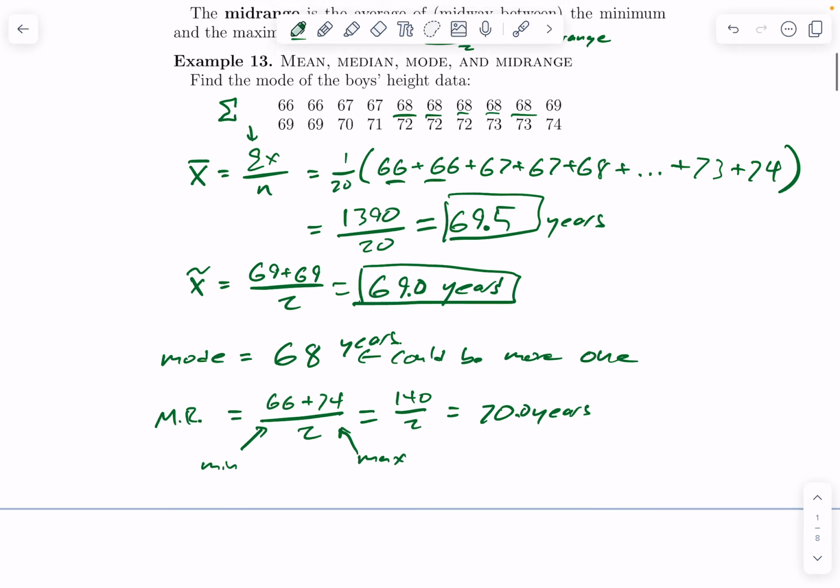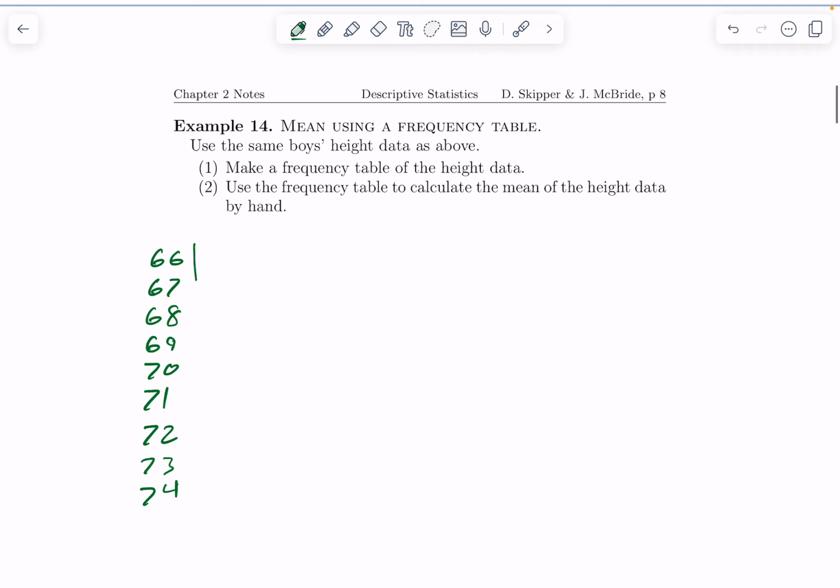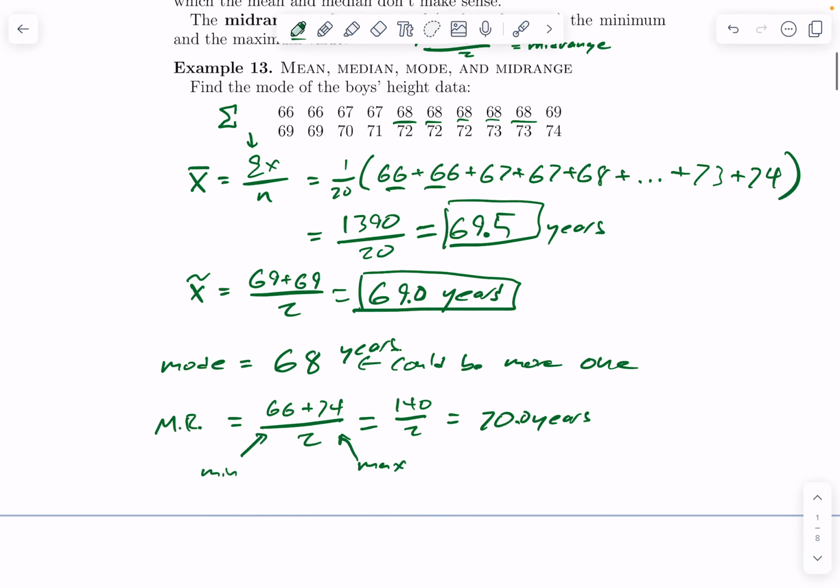Now, sometimes you are given a frequency table because there's lots and lots of data. Sometimes it's a lot more economical to put it as a frequency table.